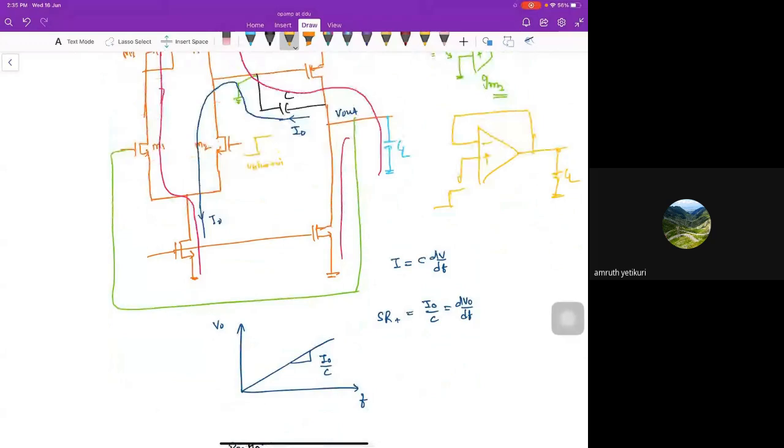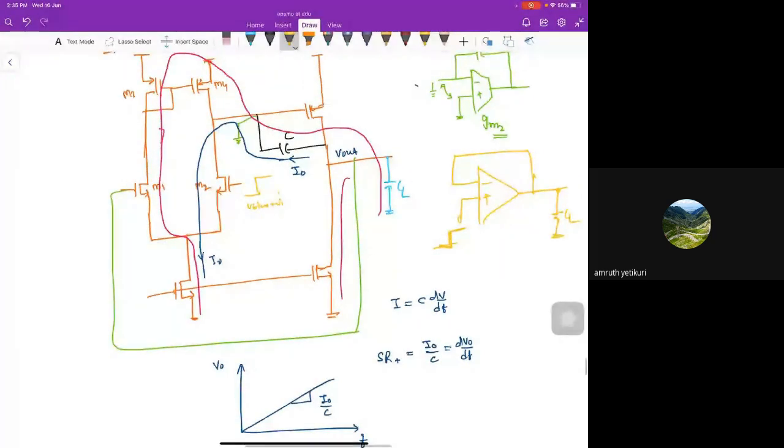During this positive step, the current path follows the blue curve through this capacitor C. Due to the virtual ground, which I have shown in yellow-green at this node, as you can get from the block diagram, the current flows through here, and my slew rate will be I0 by C.